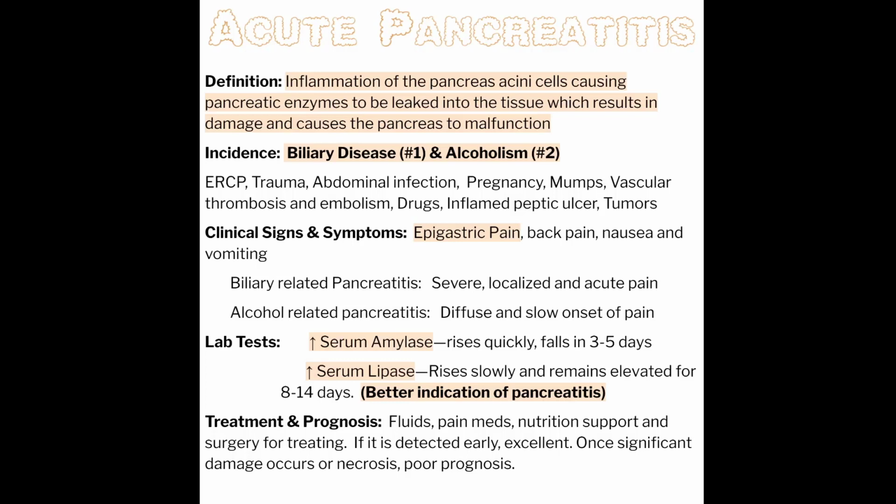So that's where serum lipase comes in as a better indicator of pancreatitis. Serum lipase is going to slowly rise during the initial phase of pancreatitis, but the nice part about it, for diagnosis purposes at least, it's going to stay elevated for 8 to 14 days.